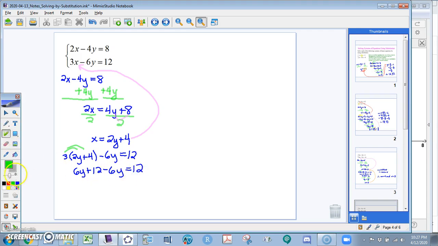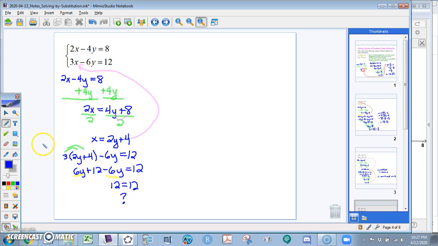And then if I combine my like terms, the 6y and the minus 6y are like terms, so 6y minus 6y is 0y, and 0 and 12 is 12, and I get 12 is equal to 12?